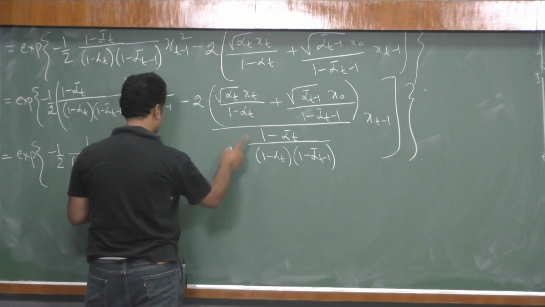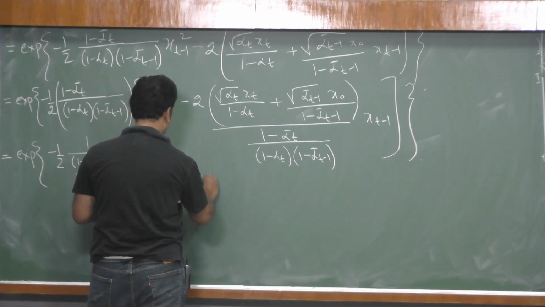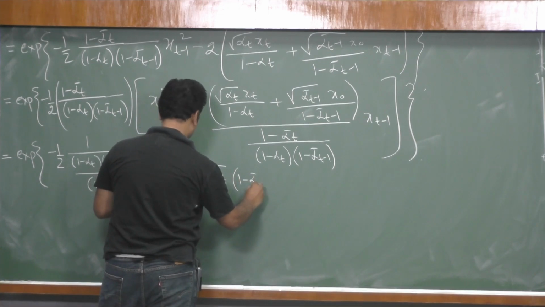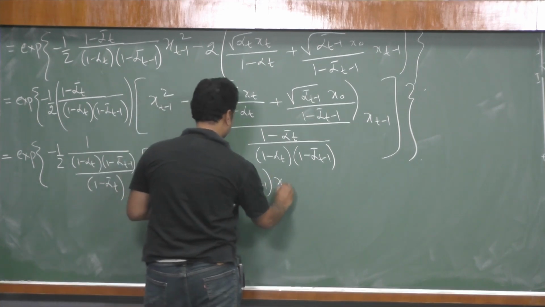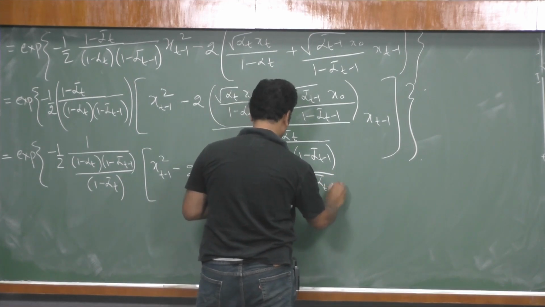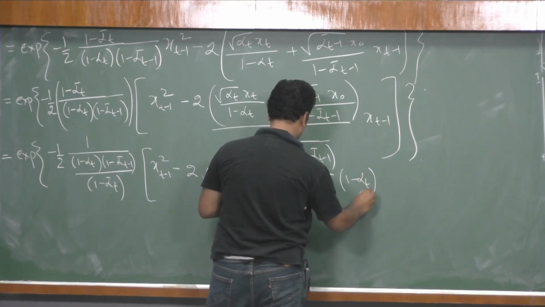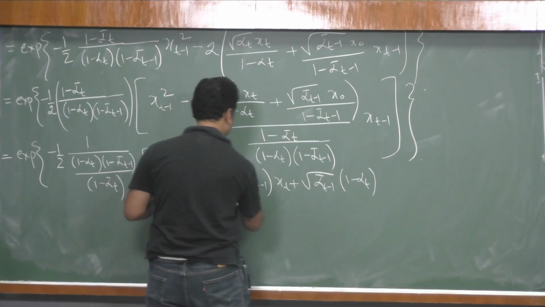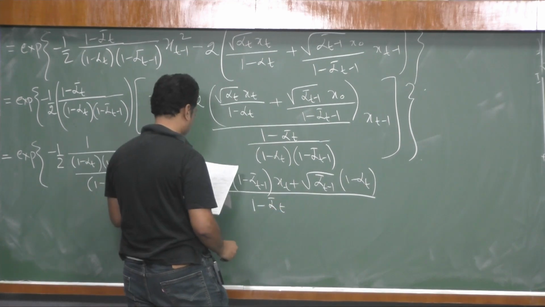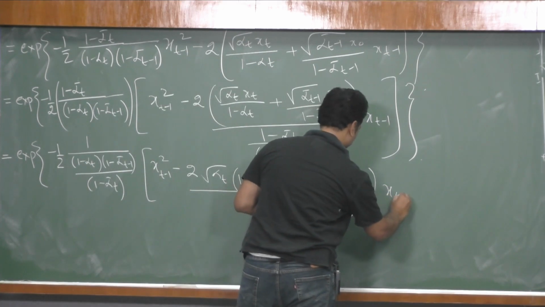so what we have after that is square root of alpha t, 1 minus alpha bar t minus 1, xt plus square root of alpha bar t minus 1, 1 minus alpha t divided by 1 minus alpha bar t, and this is with xt minus 1.